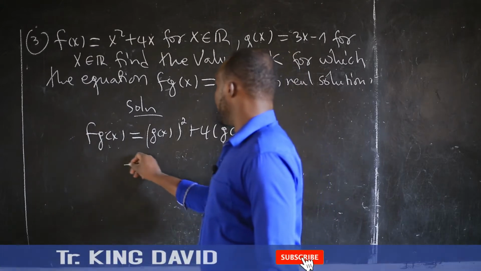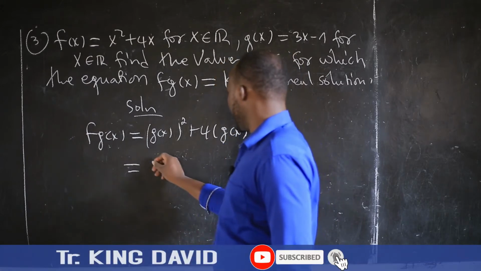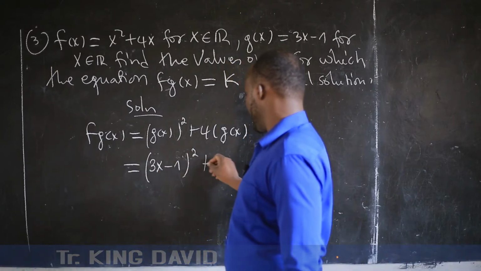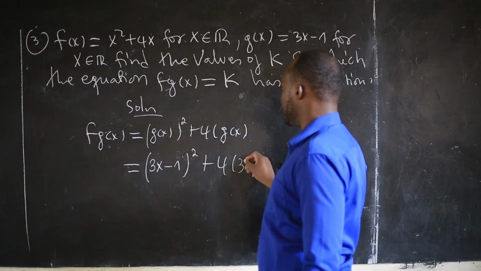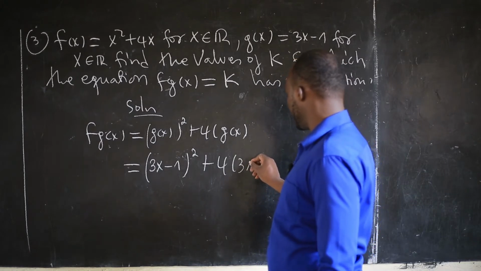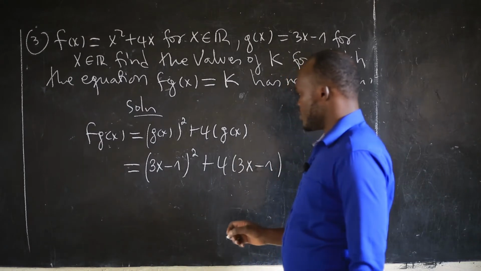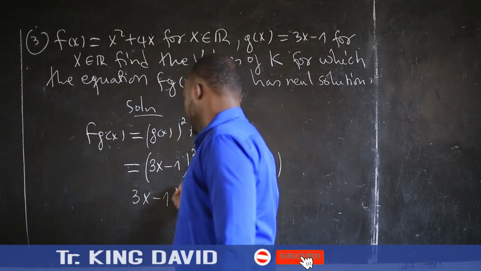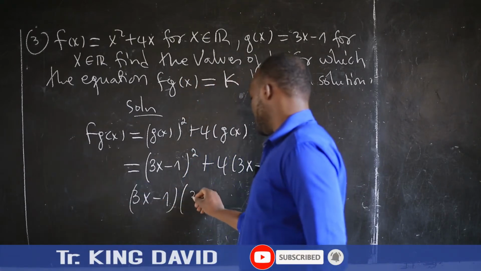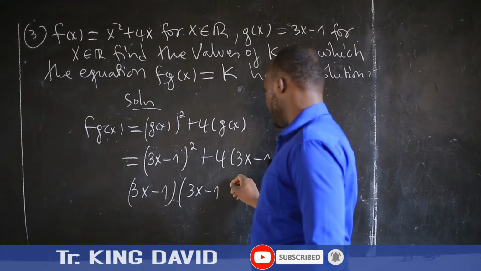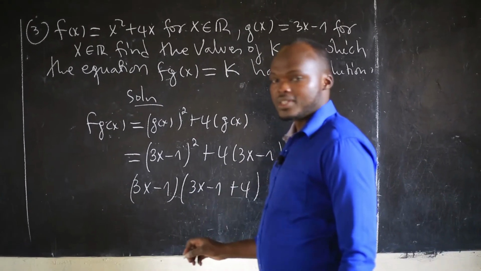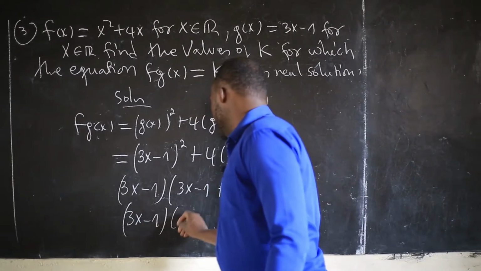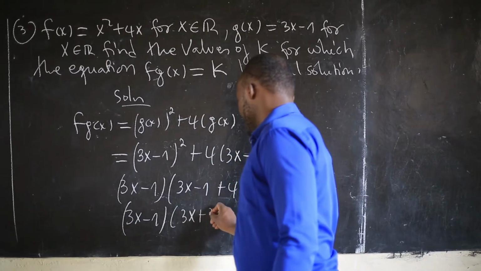So now this is 3x minus 1 squared plus 4 into bracket 3x minus 1. So 3x minus 1 is common. We take 3x minus 1 out of the bracket. We remain with 3x minus 1, then plus 4. So which is 3x minus 1 into bracket 3x plus 3.